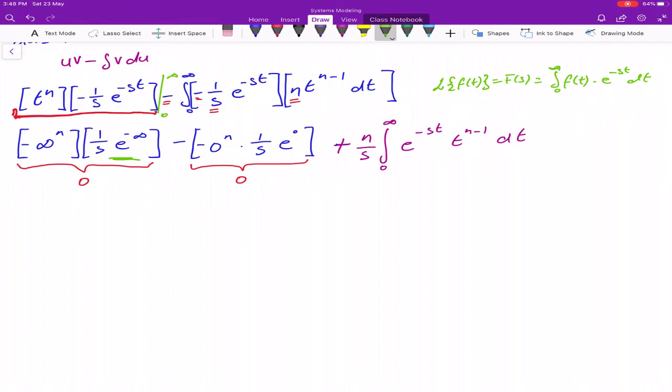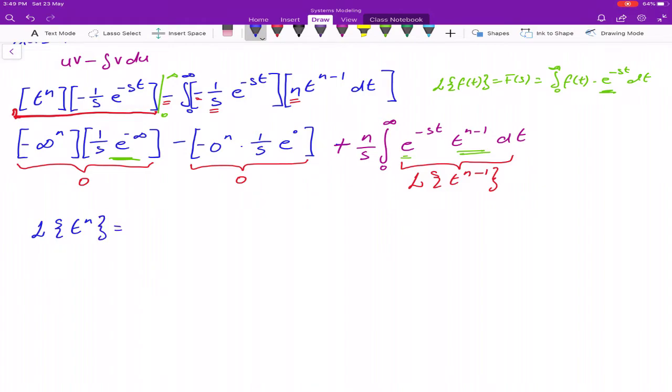From this equation, we can see that this part is our function and this part is e to the minus st. So this is just the Laplace transform of our function t to the n minus 1. So now we have the Laplace transform of t to the n.